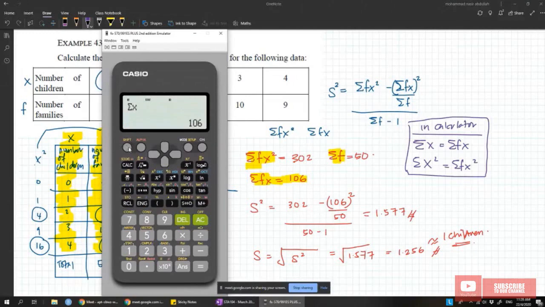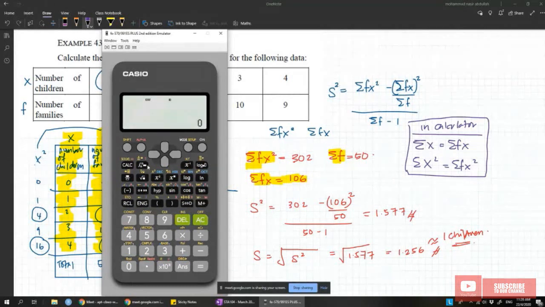If you press shift 1, press 3 for Sum, and press 1 for x square, it will show 302.